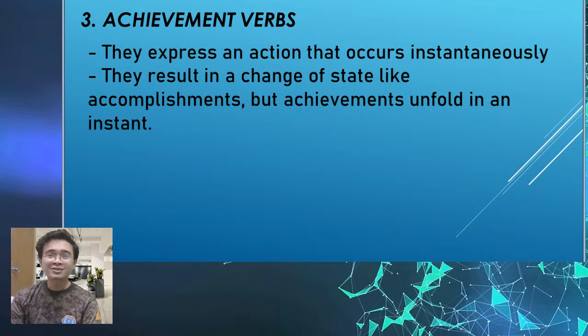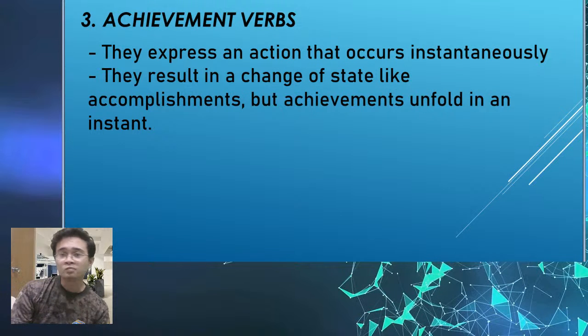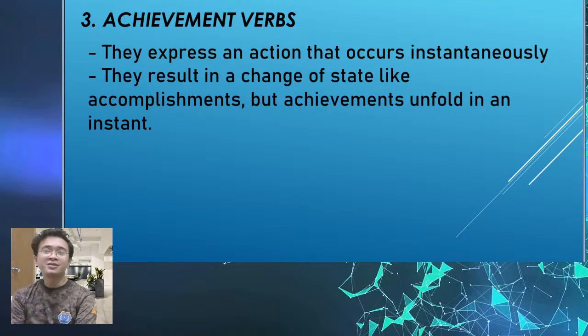And for the next one, we have achievement verbs. Achievement verbs, guys, express an action that occurs instantaneously. When we say instantaneously, it means quickly, immediately. This action happens really quickly sometimes.